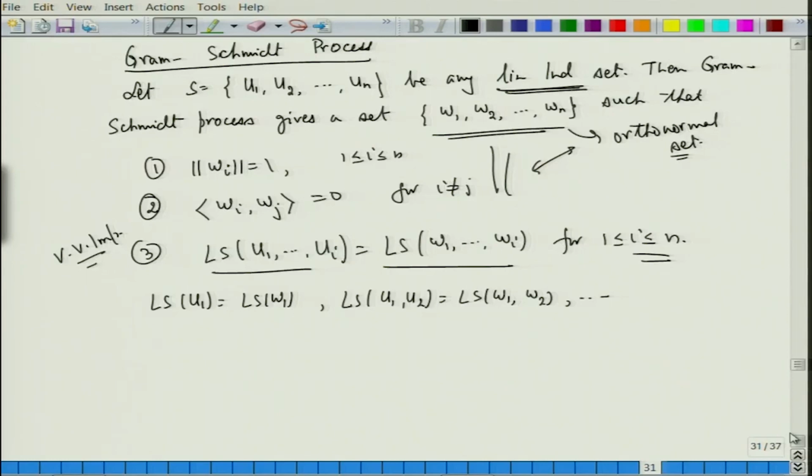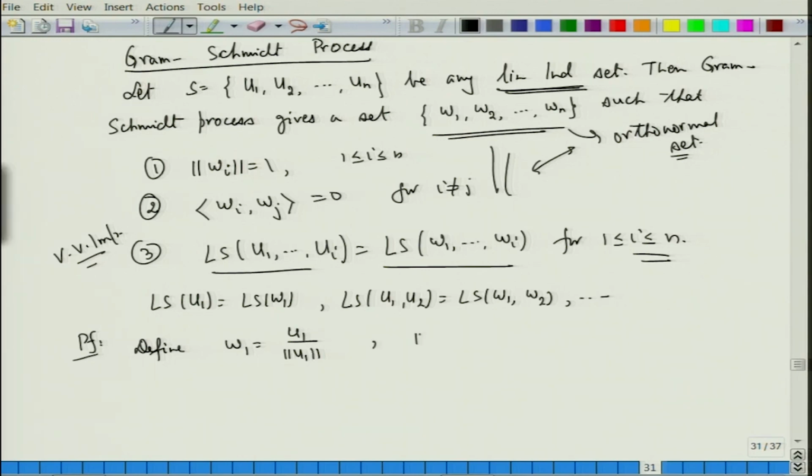Proof. What is this algorithm about? Define W1 as U1 upon the length of U1. Here I am giving the first element as U1, the second as U2, and so on, and therefore I am building W1 as U1 upon this.